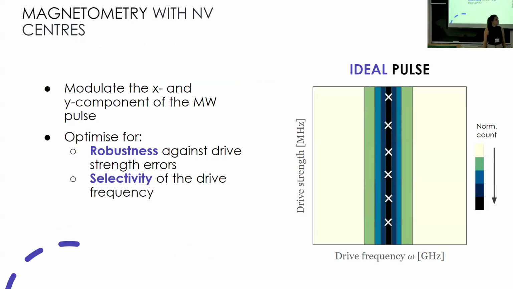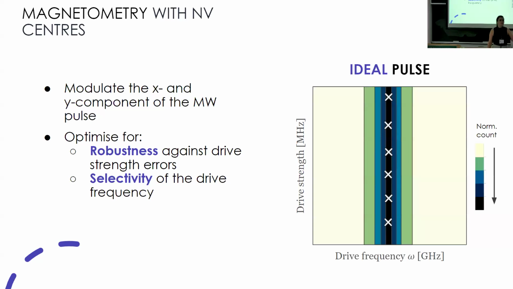Okay. So here is what we wanted to go for. Let me briefly explain this plot. So the x-axis is the drive frequency. So that's the same as the fluorescence I showed before on the x-axis. And then on the y-axis, we have the drive strength. And ideally, we would like a pulse which gives us robustness against drive strength.